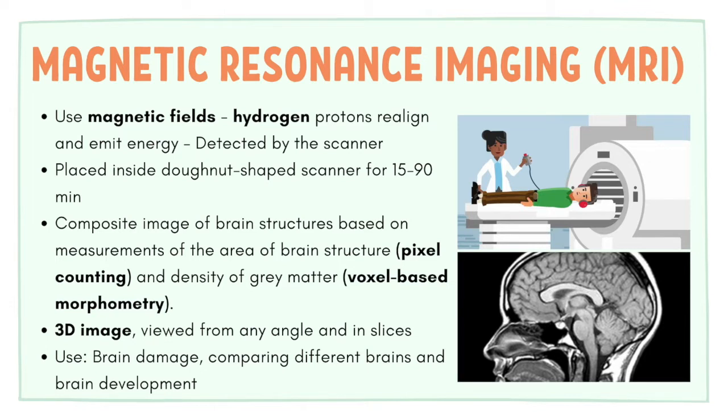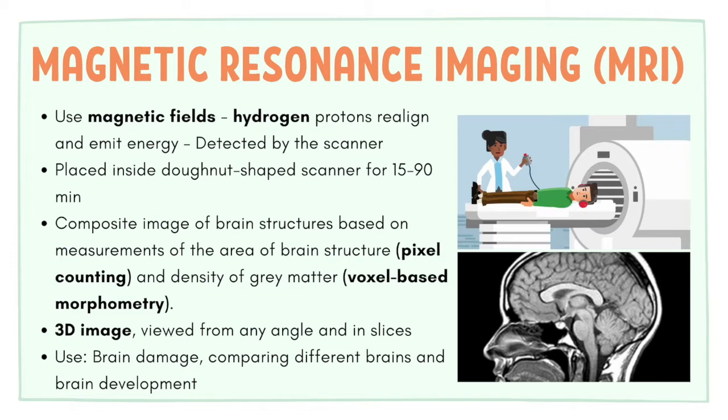What this means is that it takes multiple images that are put together and are analyzed using pixel counting and voxel-based morphometry. Pixel counting really measures the area of the brain structure. So if we're looking at the hippocampus, we're trying to look at the area of the hippocampus. And voxel-based morphometry, which is also VBM, measures the density of gray matter.